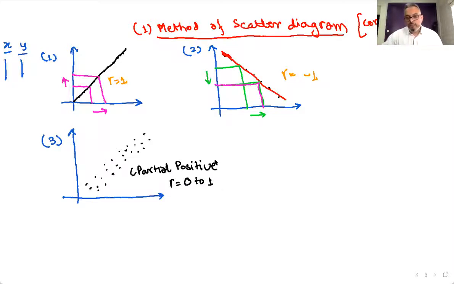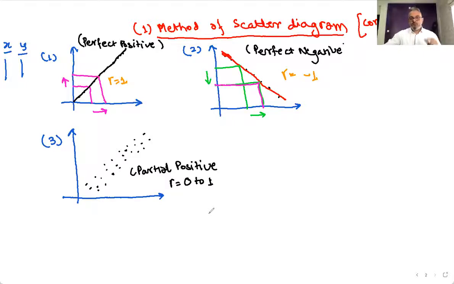More than 0 or less than 1. Over here, you can write perfect positive, where R is equal to 1, and here I give the heading perfect negative. R is equal to -1.